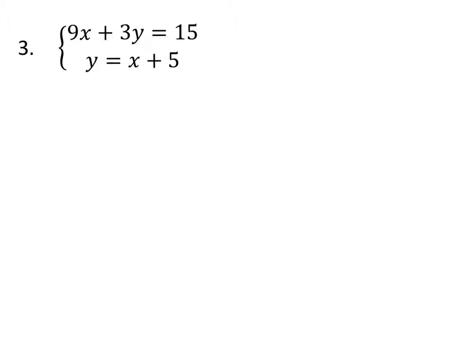Alright, example number 3. We see here in example number 3 we have 9x plus 3y equals 15 and y equals x plus 5. I've done 2 examples for you, so I'm going to give you just a minute. Please pause this and take a moment to work through this and then check your work when you are finished.